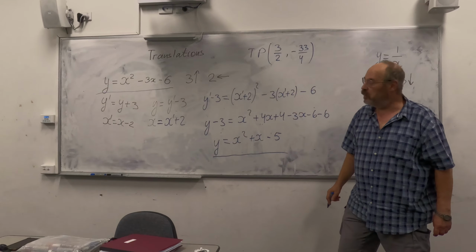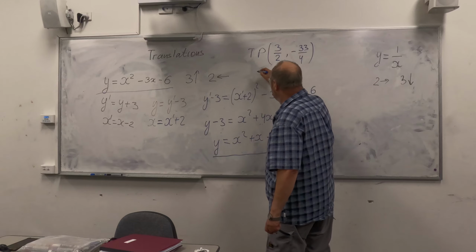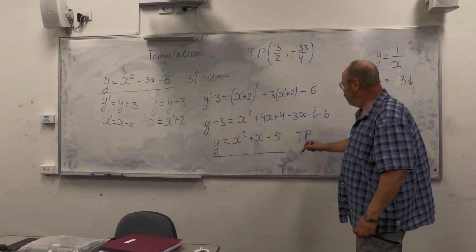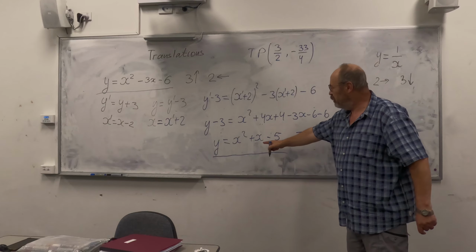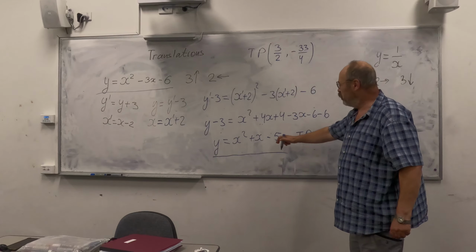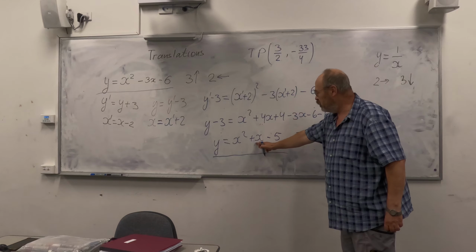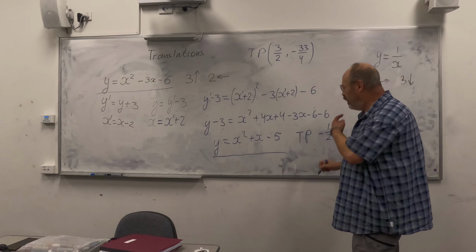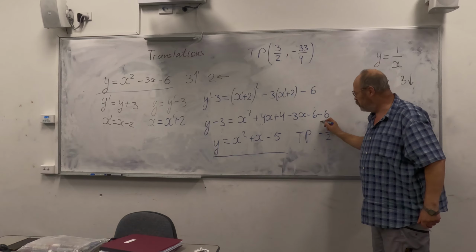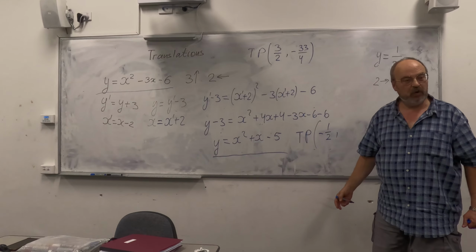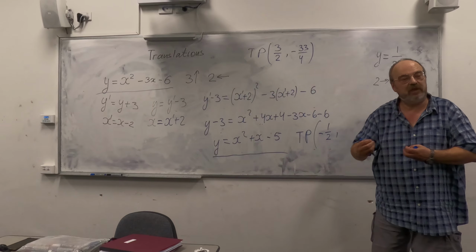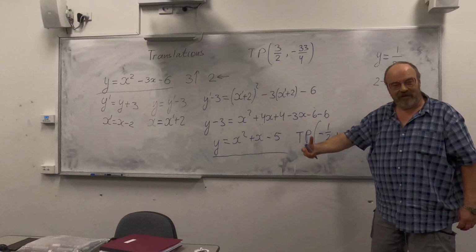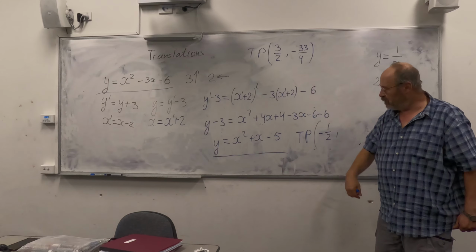Now the new turning point will be negative b over 2a, which is negative 1 over 2. We see how the points move just to check that our process led to the right result.